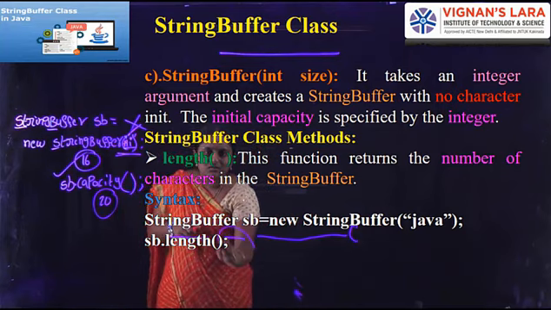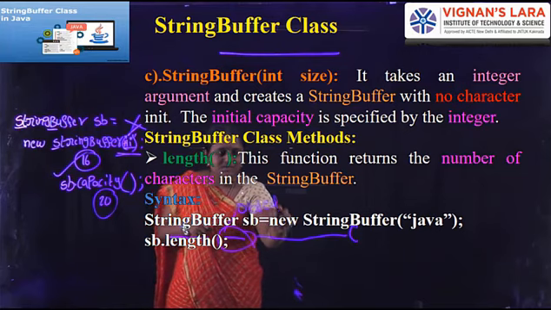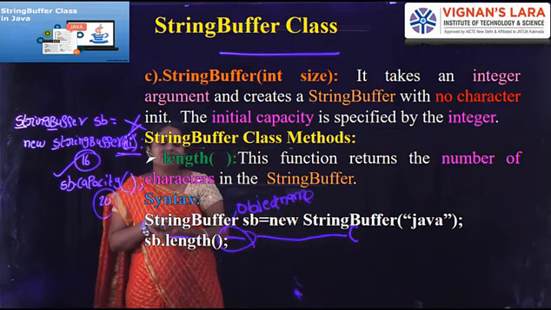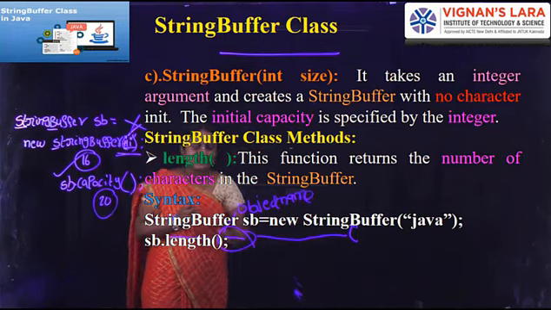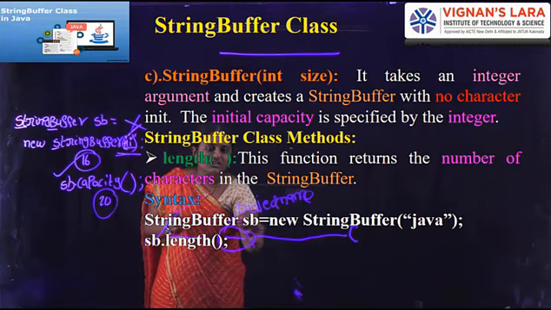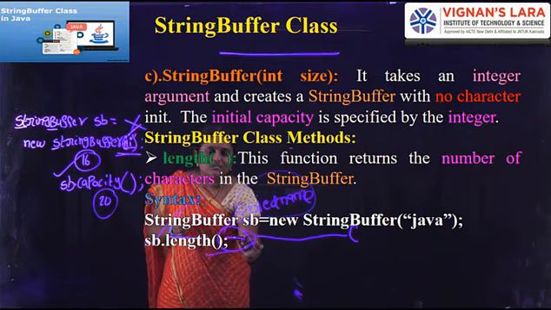Here sb is the object name. With the help of this object reference, we can access sb.length(). Here sb is the reference, length is the method.